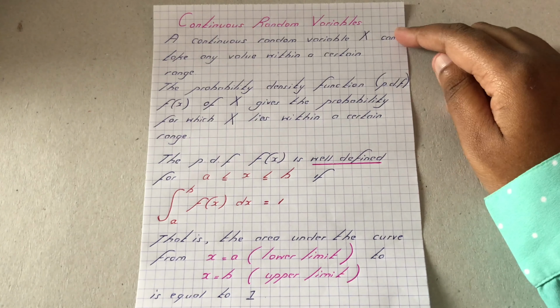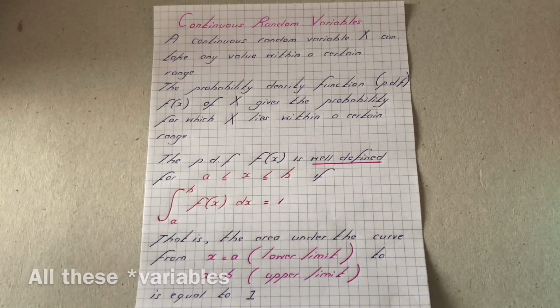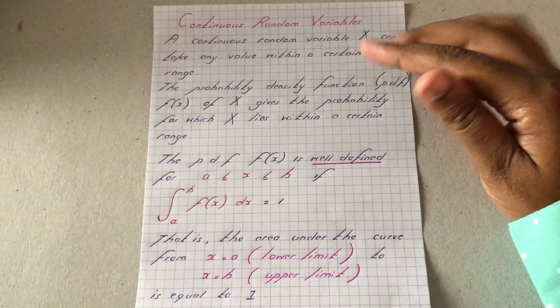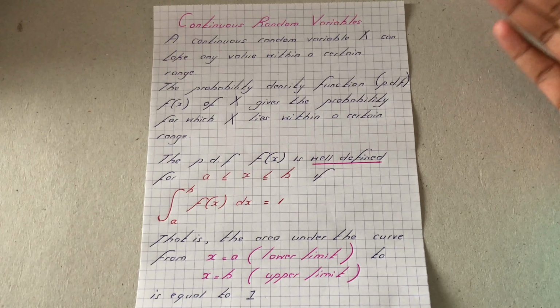That is, a continuous random variable can take any value within a certain range. For example, we have height, we have weight, we have time. All these values can take any value within a certain range. For example, between 20 and 30, you can have different values, for example, 20.5, 20.6, 25.9.